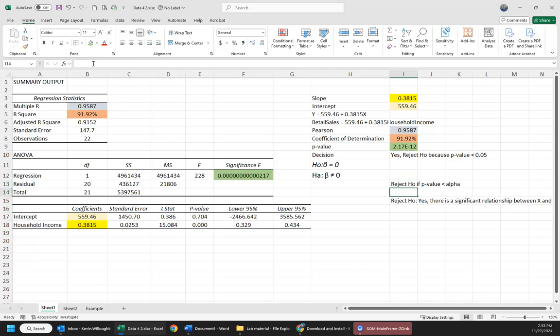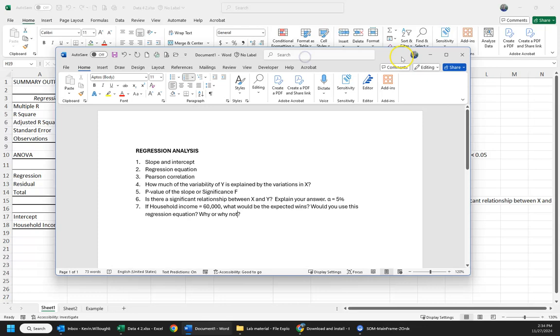One thing we can do with this, because there is a significant relationship, we can then predict possible values here. So the question states, let's go back to that. If household income equals 60,000, what would be the expected retail sales? So if we build a store in a neighborhood with a household income of 60,000, what would be our expected sales?